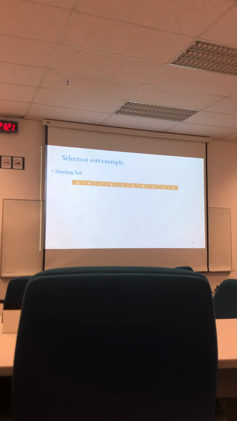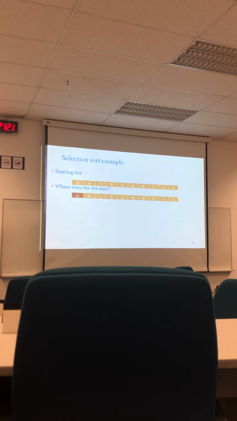So we will go through a number of steps to sort this array in ascending order. Initially, we will start from the first position, that means start from index 0.